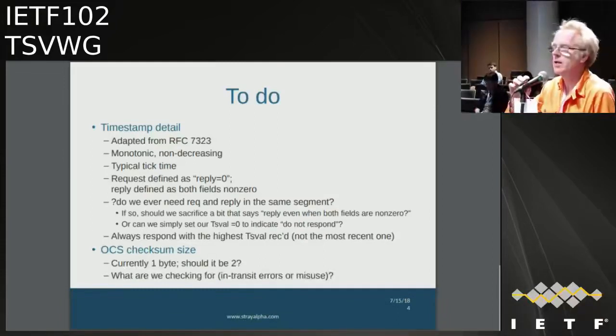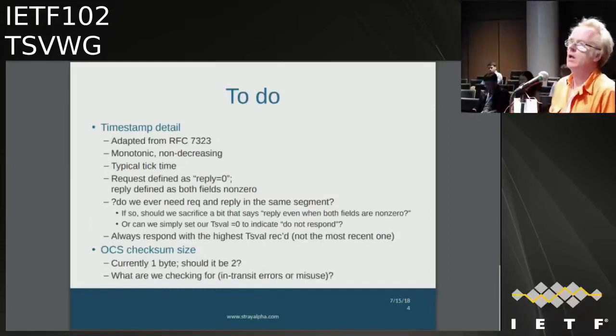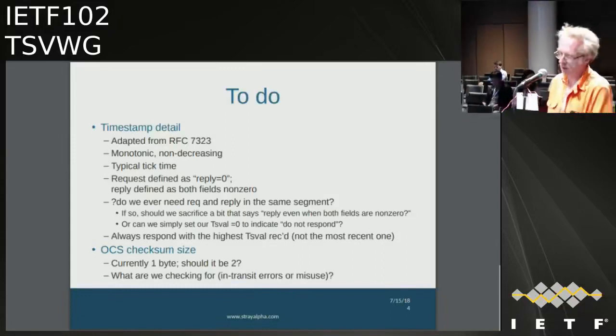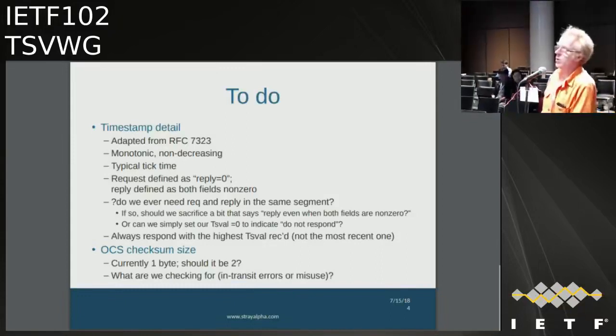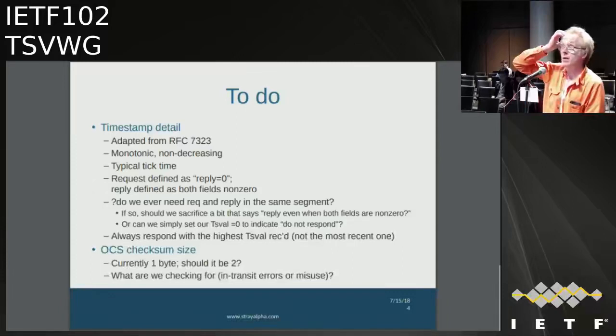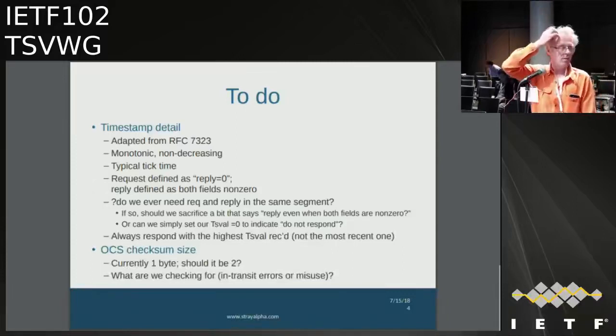It's Gory at the mic. We need a way of sending a segment through the network as a probe for the PLP-MTUD draft. So this draft needs a way of getting a response. I don't know that we want a timestamp for doing this.